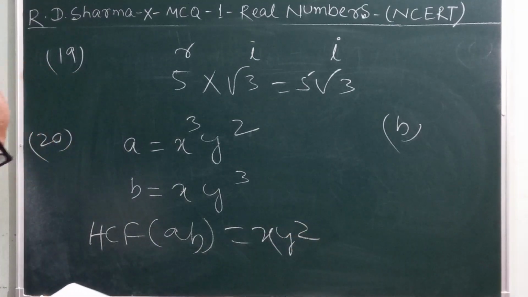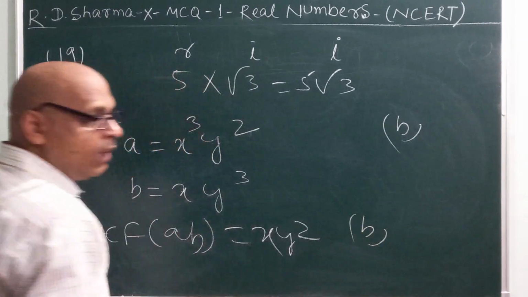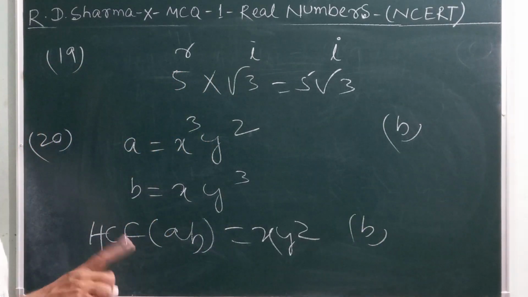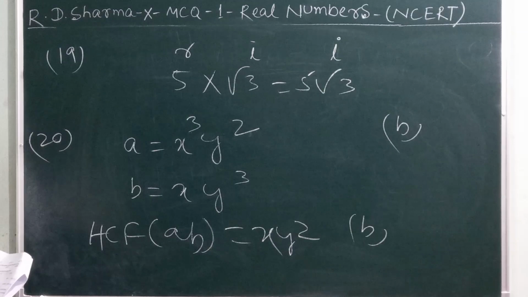HCF of A and B is x y square, answer B. HCF takes the smallest power, LCM takes the highest power. Please note it down.